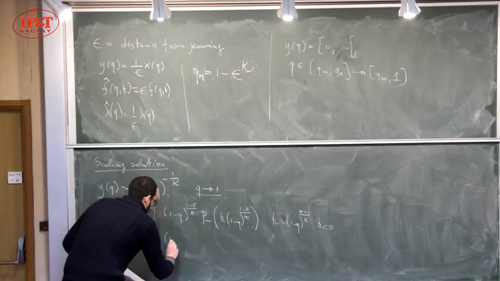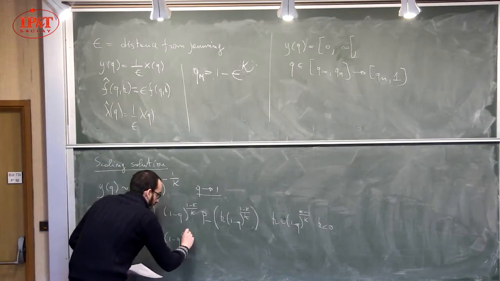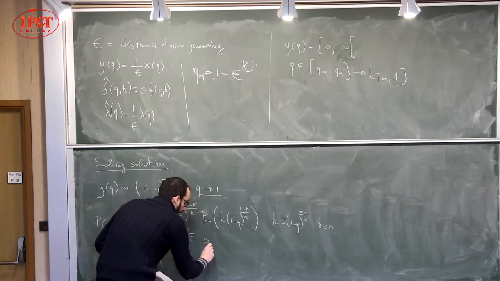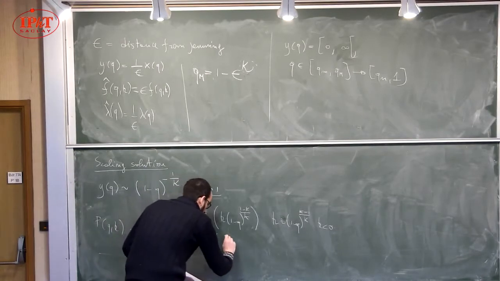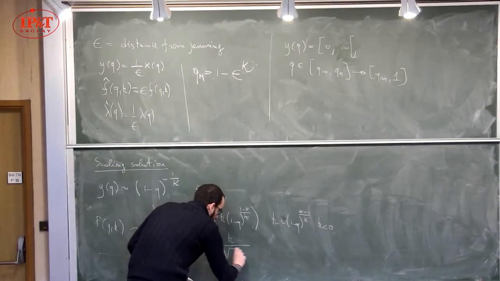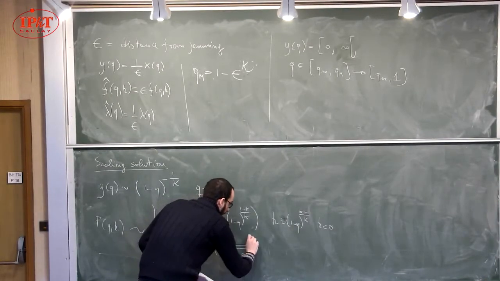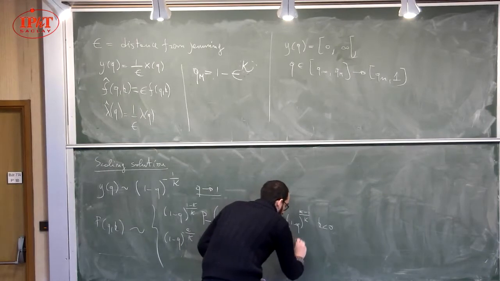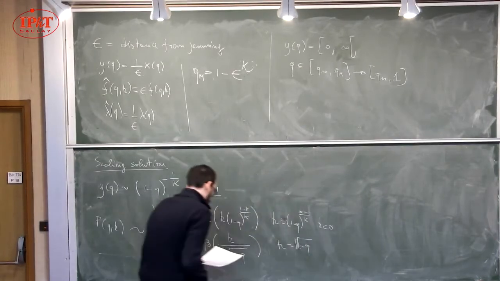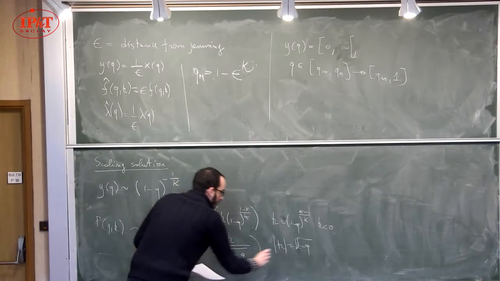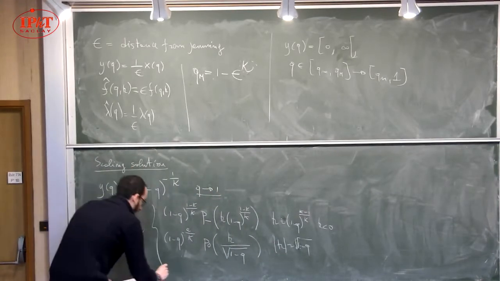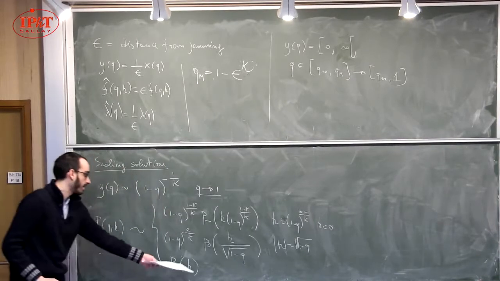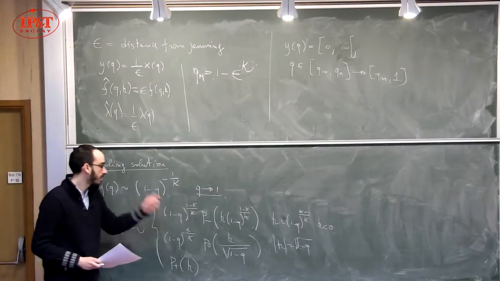Then you have 1 minus q to the minus a over k, and then you have a regime where for positive h, this is a regular function when q goes to 1.